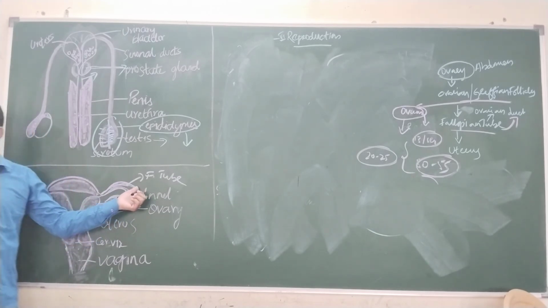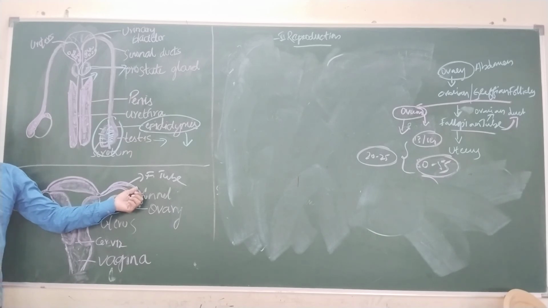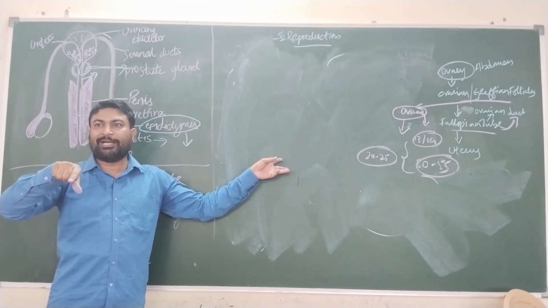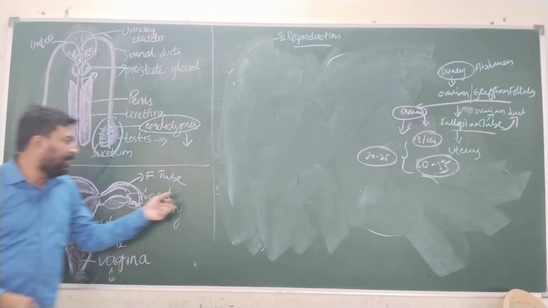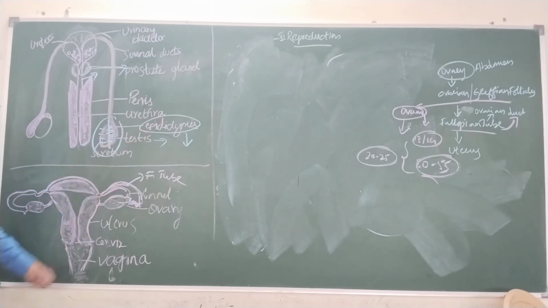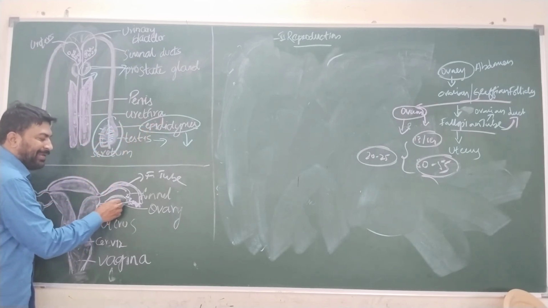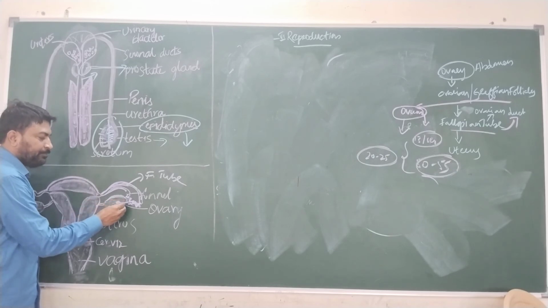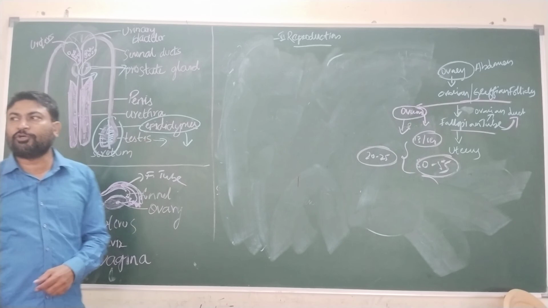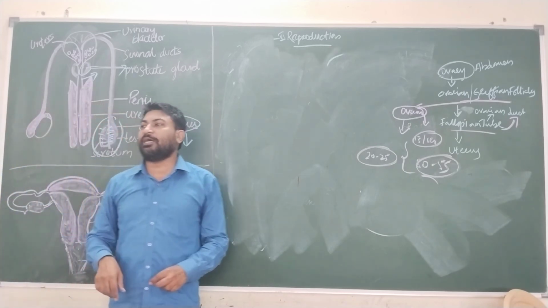This ovarian duct is just like the vas efferentia in males, which collects the sperm from the lumen. Similarly, the finger-like projections called the ovarian duct collect the ovum from the cavity present in the ovary, and it is passed into the next part, the fallopian tube, where the fertilization process occurs.